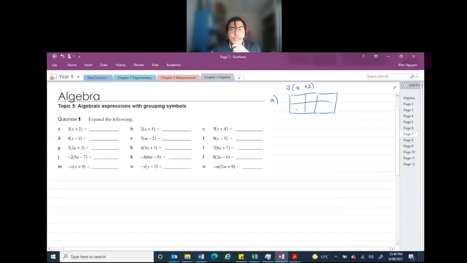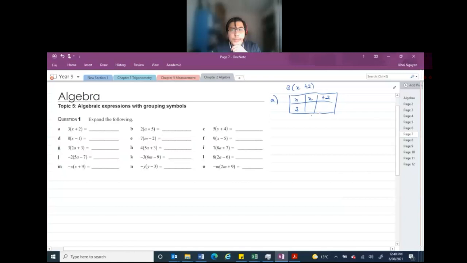The number on the outside in this case would be 3. Then the inside of the brackets would go into these 2 squares here. So we've got x and then plus 2.